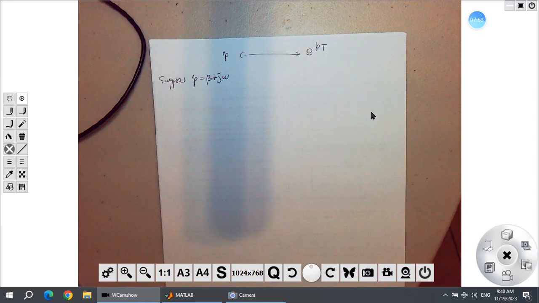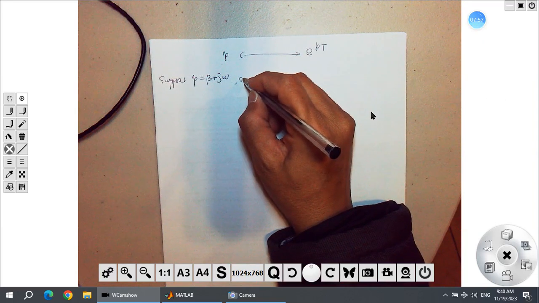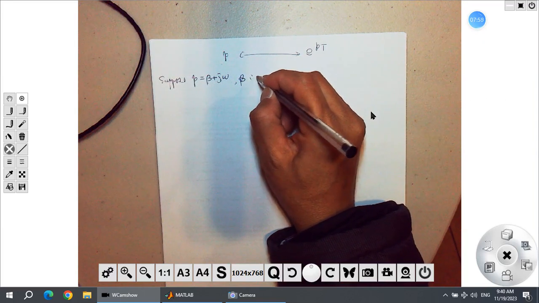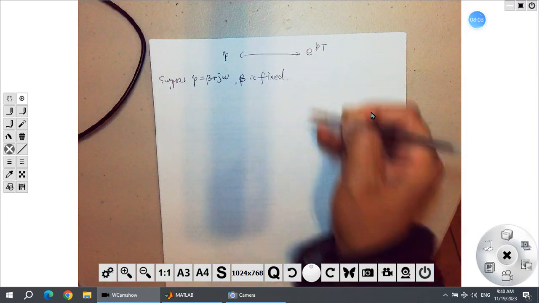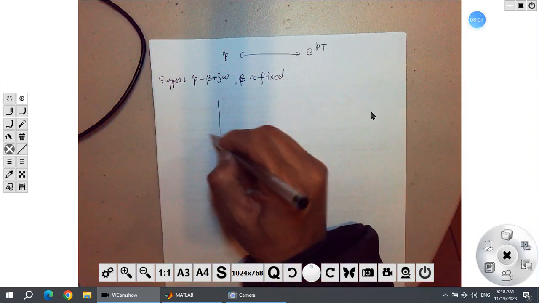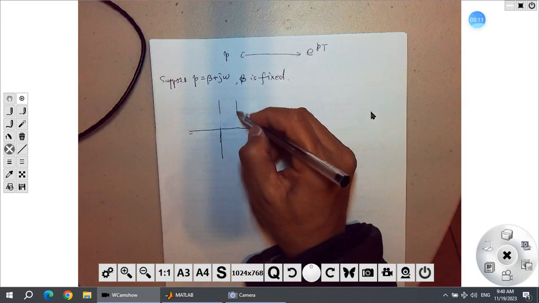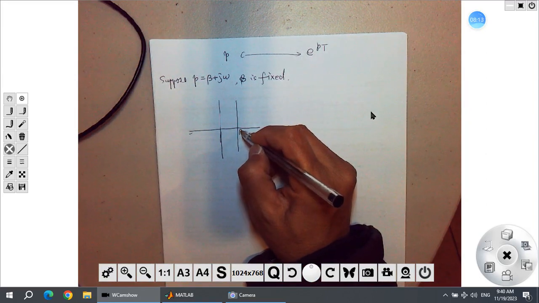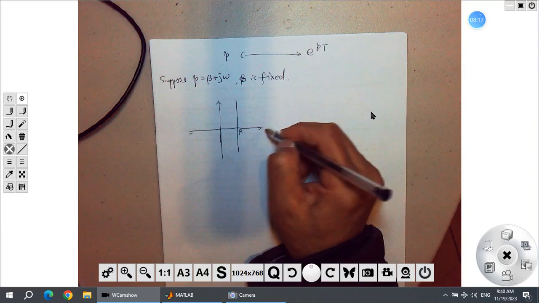First of all, suppose beta is fixed. Then in the S domain, it will be a straight line. Here's beta, then the omega, S domain.